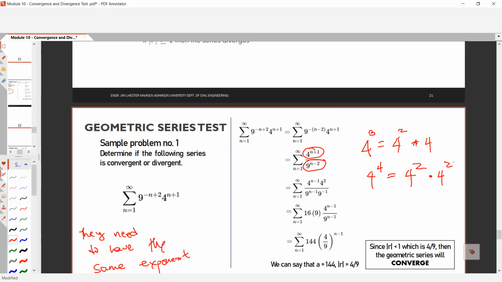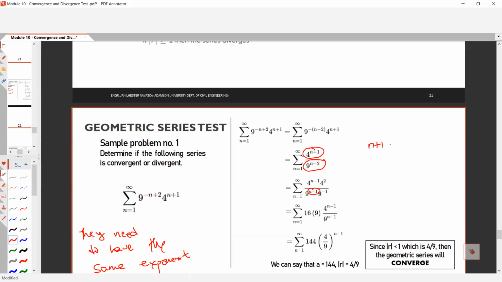The same will happen here. For 4 raised to n plus 1, you can simplify it so that one term has the same exponent as the one below. So the n plus 1 becomes n minus 1, but we still need to come up to n plus 1, so you add positive 2. So n plus 1 is equal to n minus 1 plus 2. Okay, again.